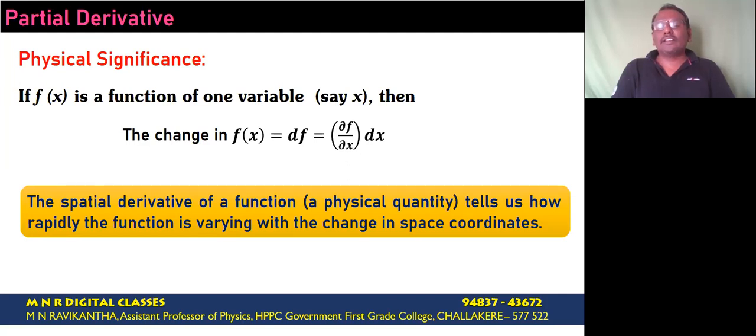If you go on changing the space coordinates, we get the value of the physical quantity at different points. So the partial derivative, or the spatial derivative, tells us, if we move from one point to another point in space, how the given physical quantity varies, and at what rate it changes.